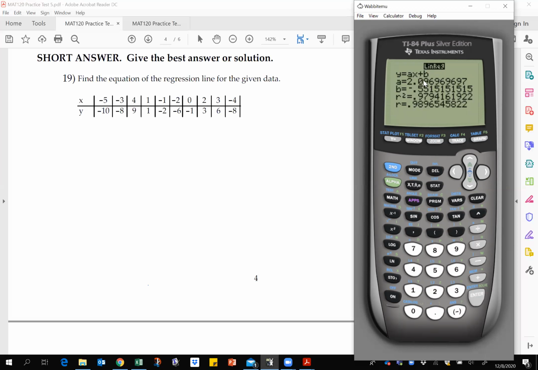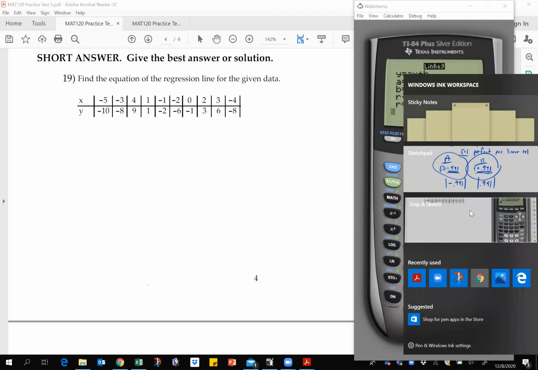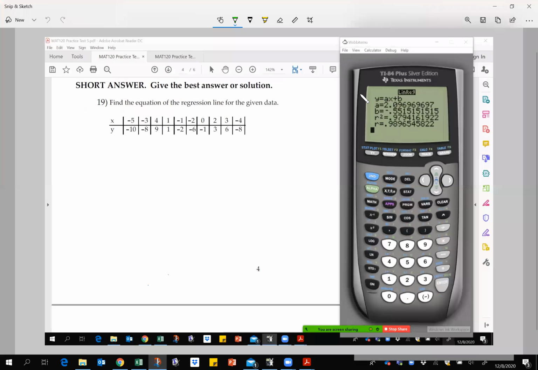The regression equation, they actually give it to us in terms of the formula. It's y equals ax plus b, and then directly below they tell us what the value for a is and what the value for b is.